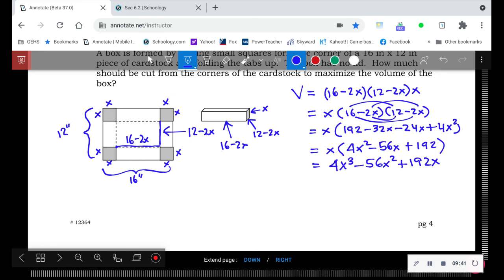Which tells you this graph goes really high up. So now get your window and increase the y maximum to something bigger than 192. Let's go 250. And touch graph. And what you get is a graph that looks something like this.